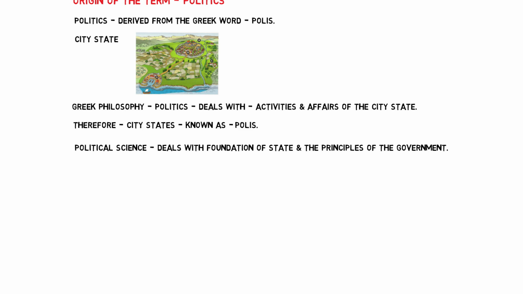In a broader perspective, it talks about how the state has been formed, what the reasons behind it are, what the nature of the state is, or how people by and large decided to put together and make a state, as well as the different principles and functions of the government.